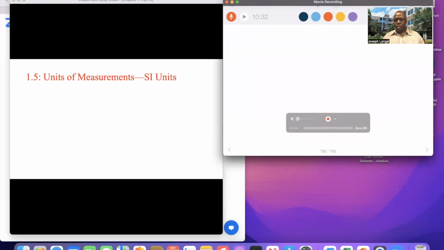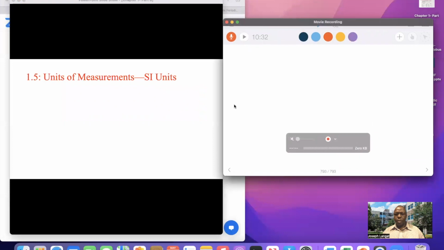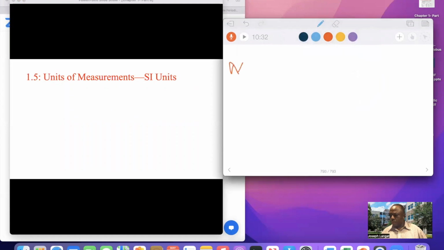In chemistry, a measurement consists of two things: a number, plus a unit attached to it.